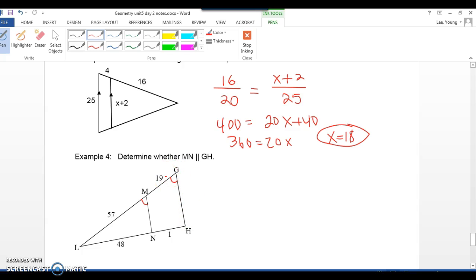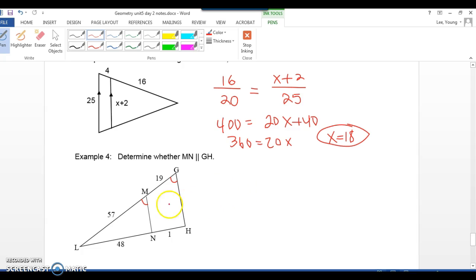So how do you prove that these two lines are parallel? You have to prove that these two triangles are similar. All we have is the measurement of the sides, so we have to see if their sides are proportional. We have to set up the proportional statement and see if that proportion is true.